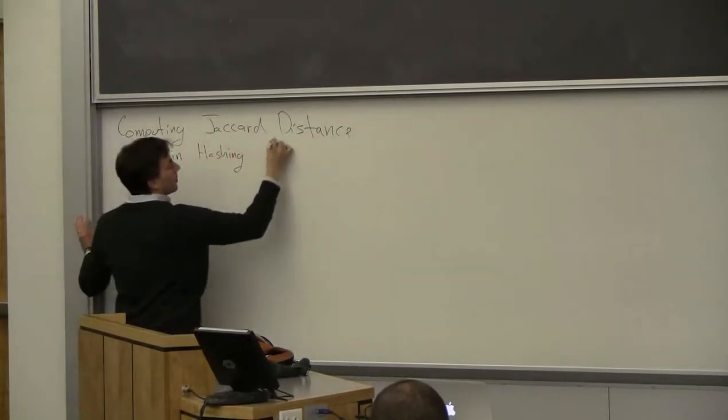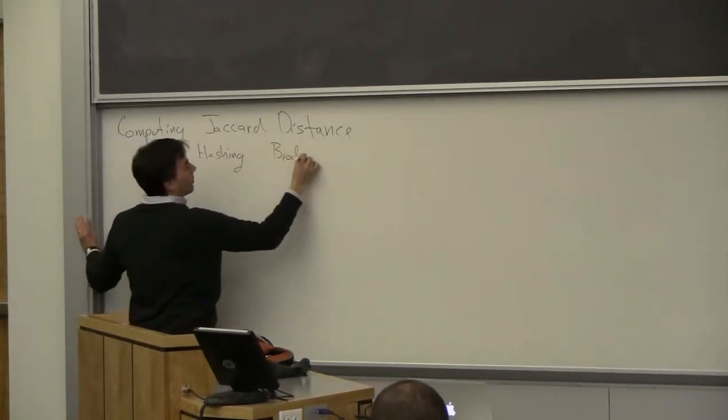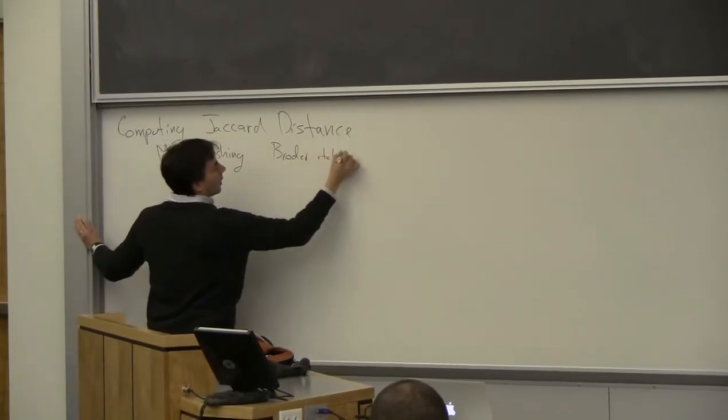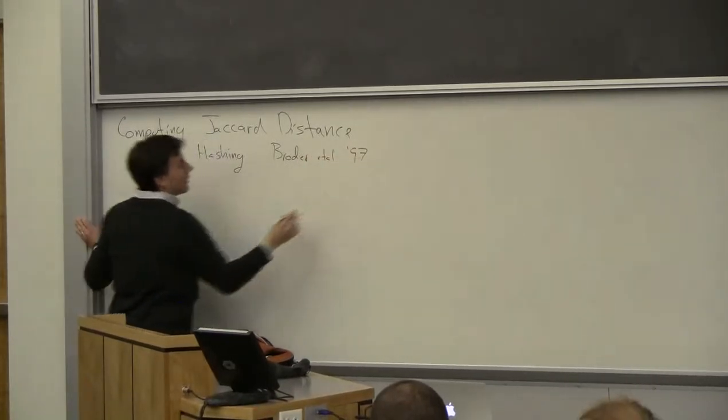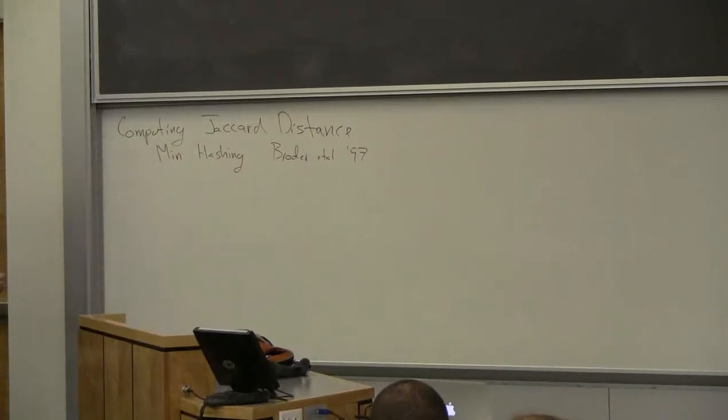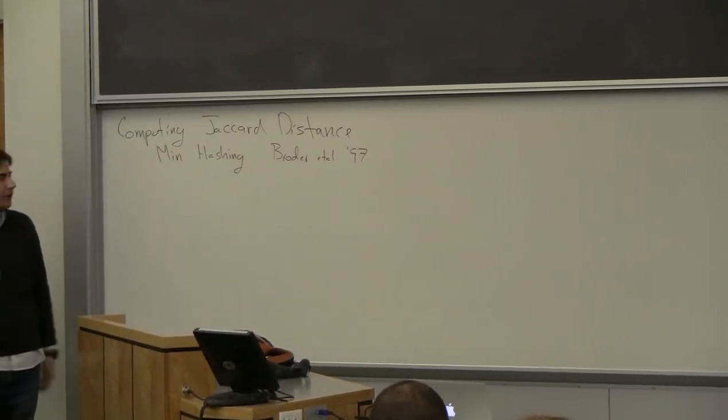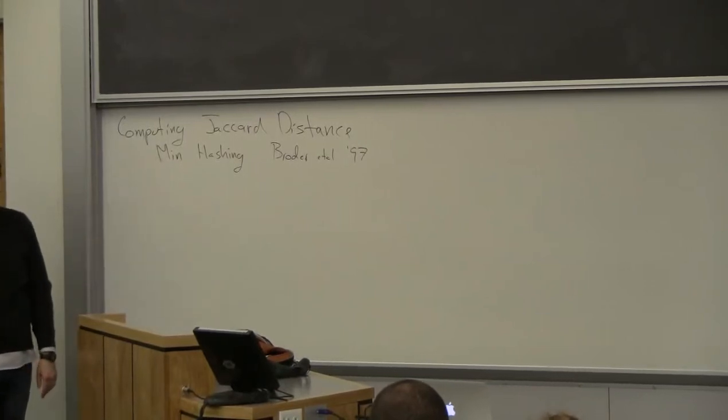I think this was by Broder et al., in '97 or so. There's a couple of papers and a couple different co-authors, but I think it's generally attributed to Andrei Broder.